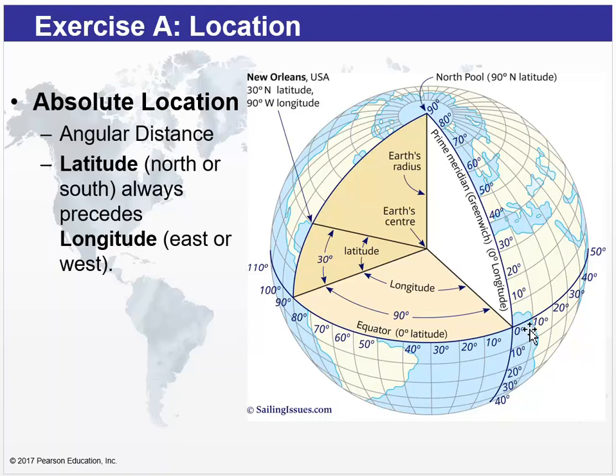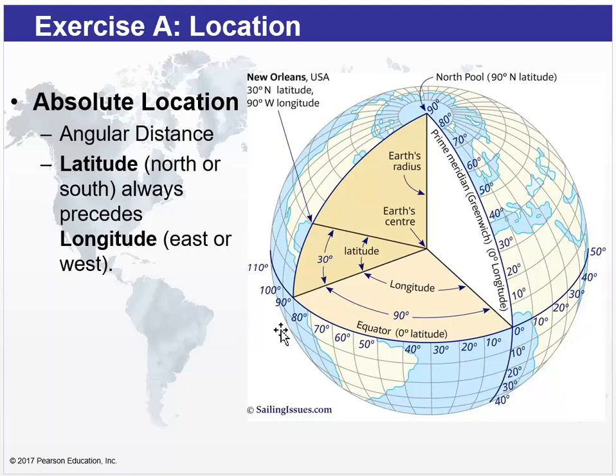Or you can go the opposite direction, you go 40 degrees east. And same thing, if we're looking at the equator, which again is this horizontal line that goes around the globe, the 0 point, we can go 30 degrees north, which is also going to be right here, or 30 degrees south, which is going to get us here.